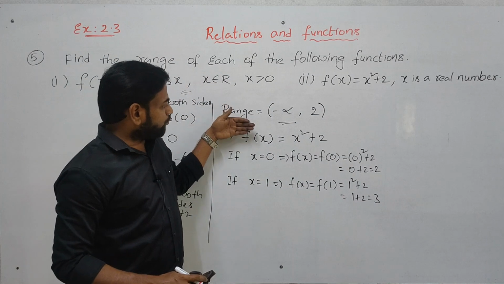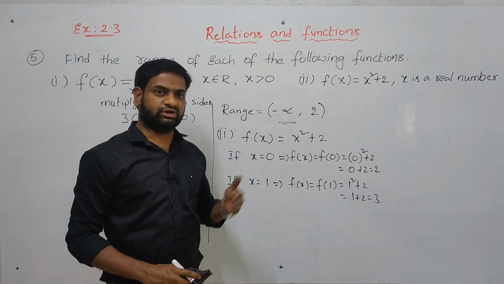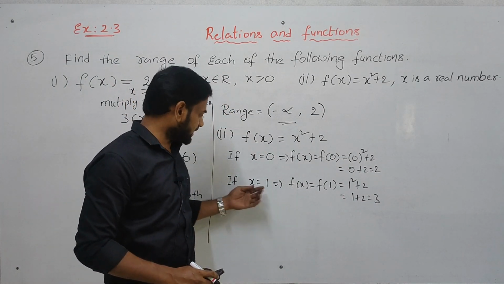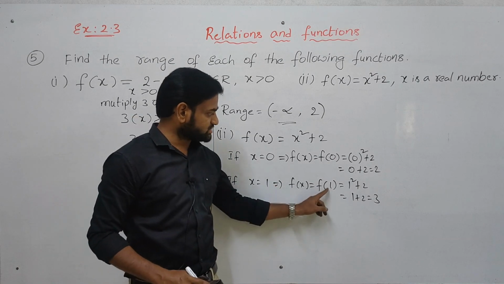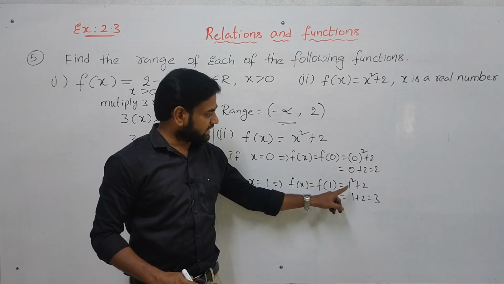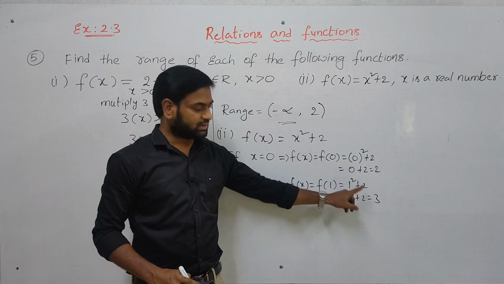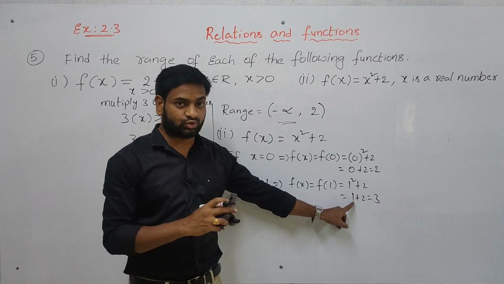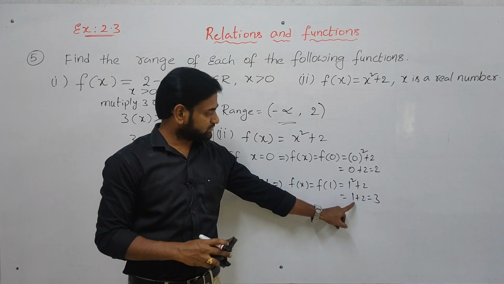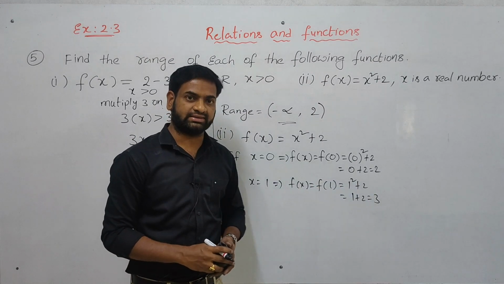Whatever value you take, even if you take negative, if you take minus 1, f of minus 1 is minus 1 whole square plus 2. Minus 1 whole square means plus 1, plus 2, that is 3 again.